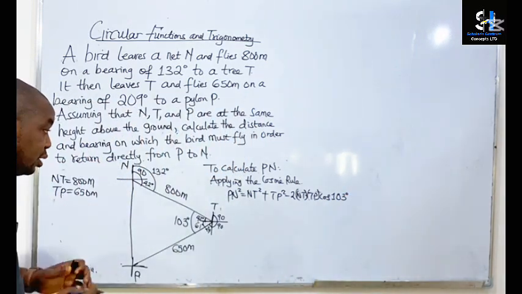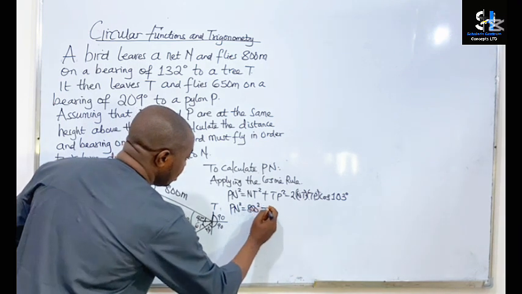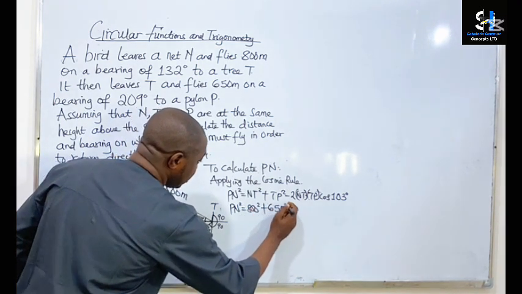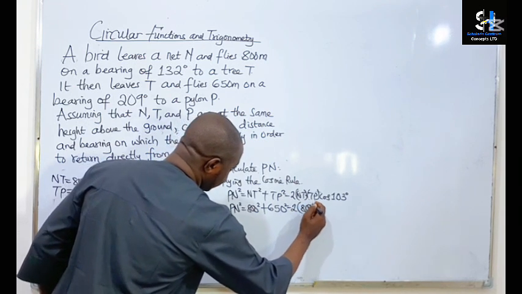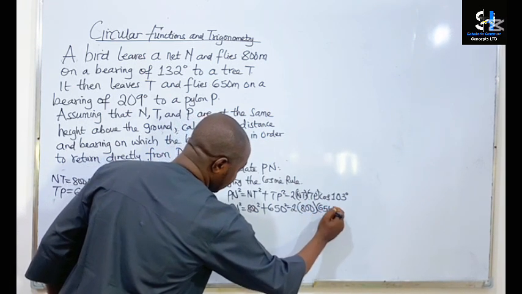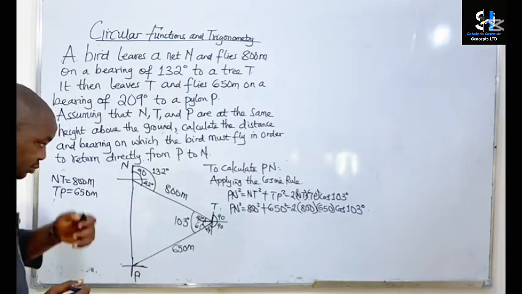So PN squared equals 800 squared plus 650 squared, minus 2 times 800 times 650 times cos 103 degrees.